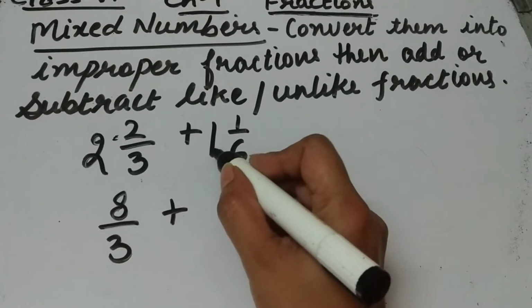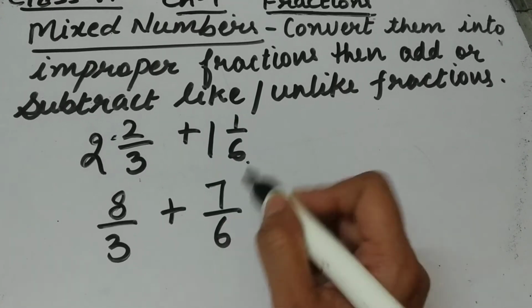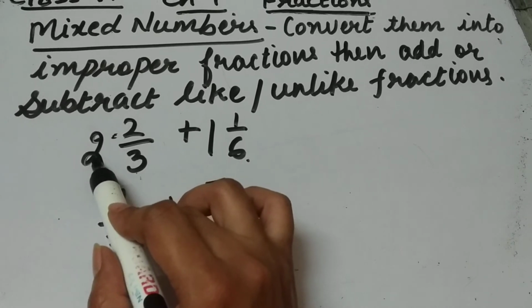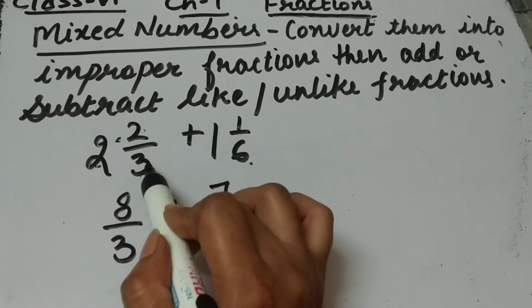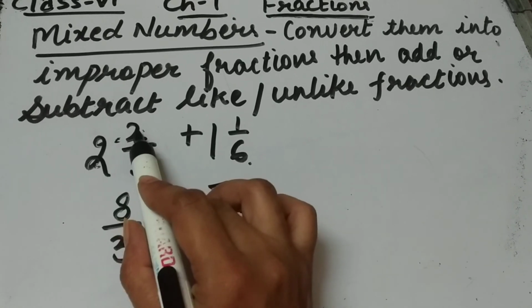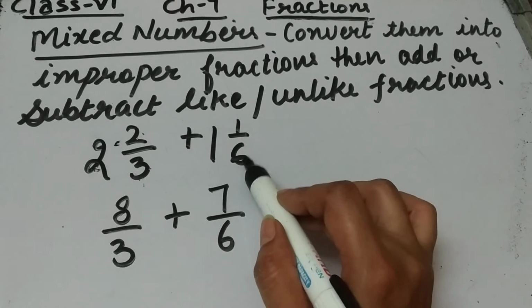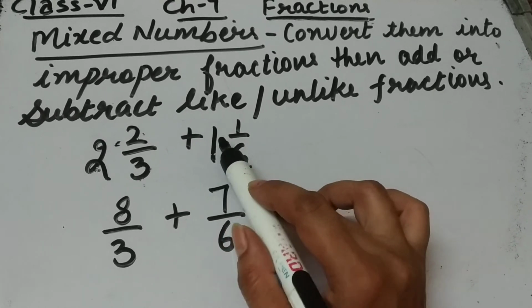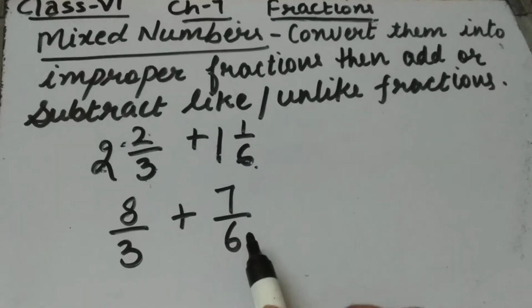In the same way, 6 1s are 6, and 6 plus 1 is 7, so it will be 7 upon 6.